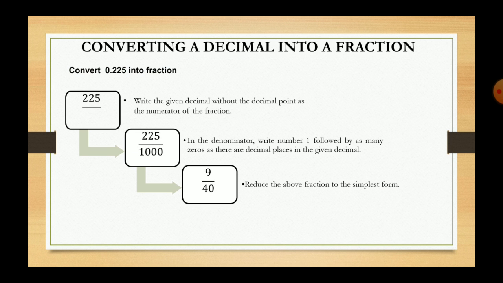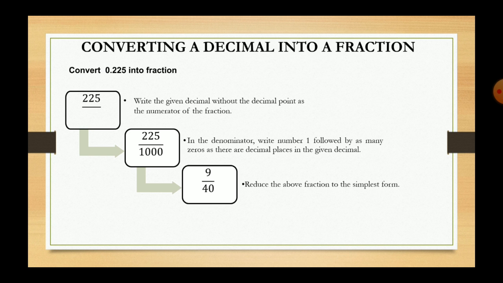First step, write the given decimal without the decimal point as the numerator of the fraction. After removing the decimal, we are left with 225, because 0 has no value if written on the left-hand side of the number. So removing 0, the number is 225, and in a fraction we always have a numerator and denominator. So the numerator is 225.